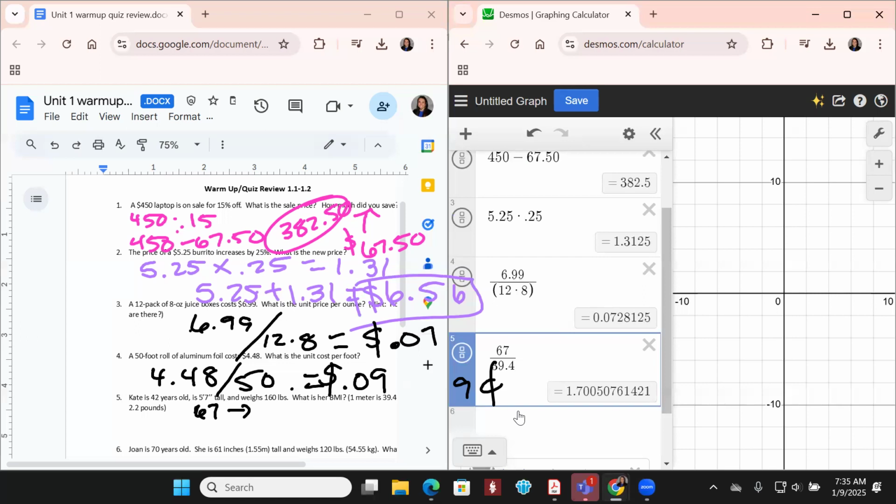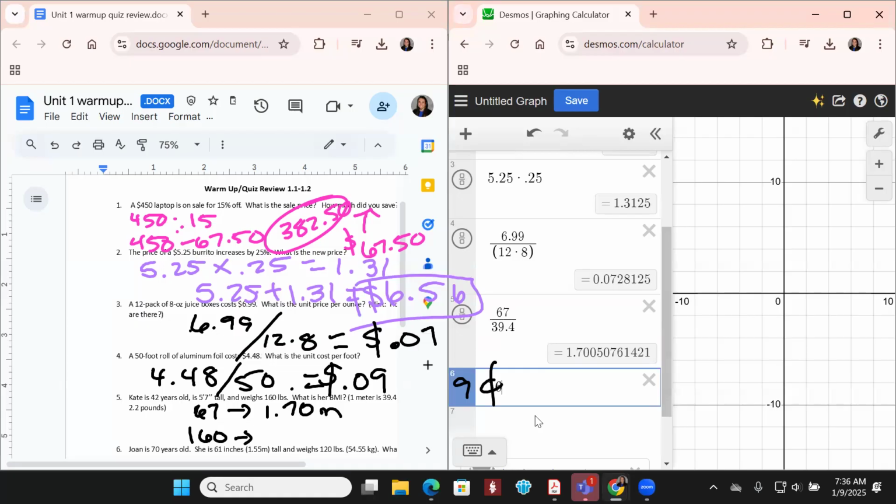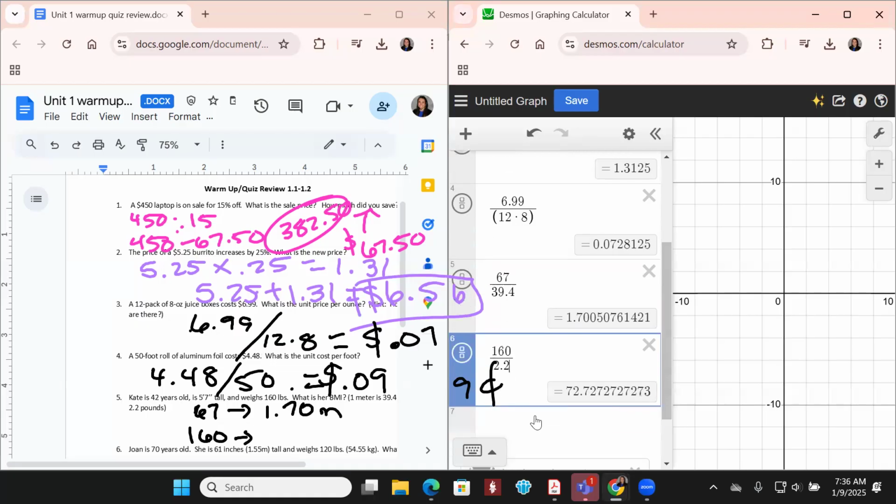And that's going to give me 1.70 meters. And then we have 160 pounds. We're going to divide that by 2.2. And that's going to give me 72.72. You could probably say 72.73. Up to you, though.